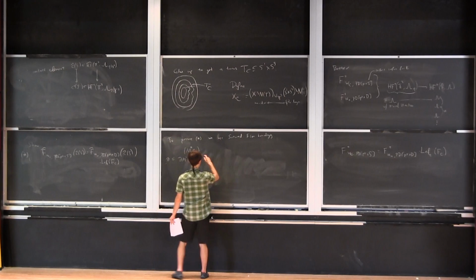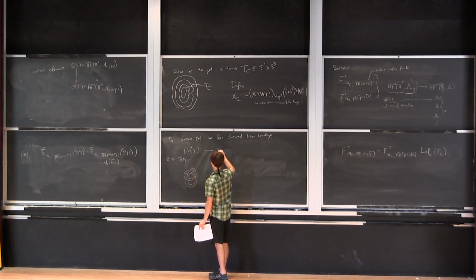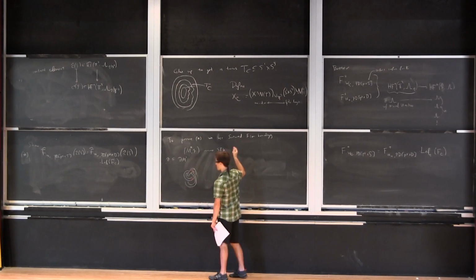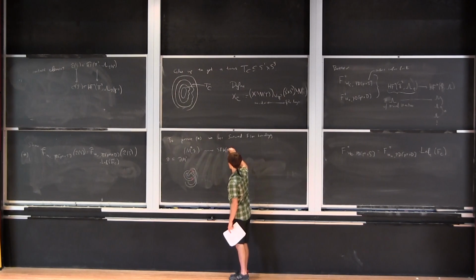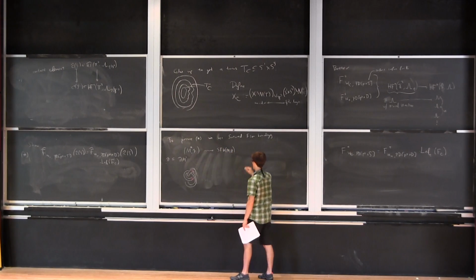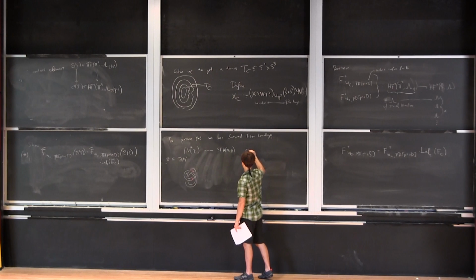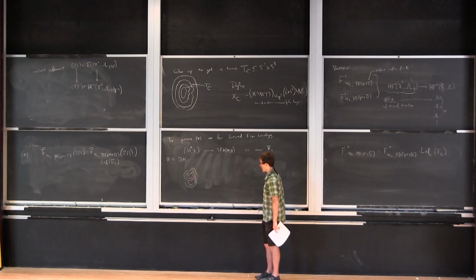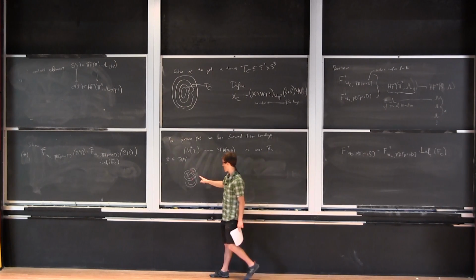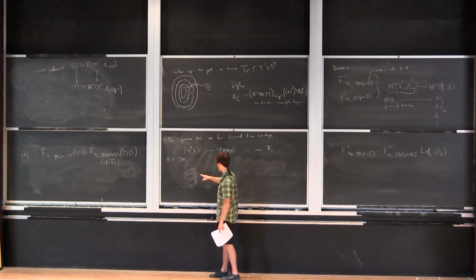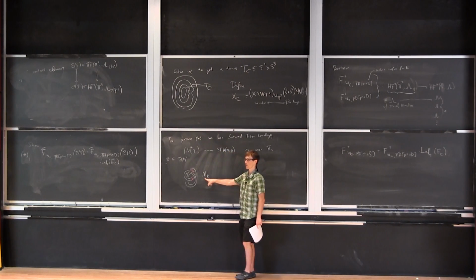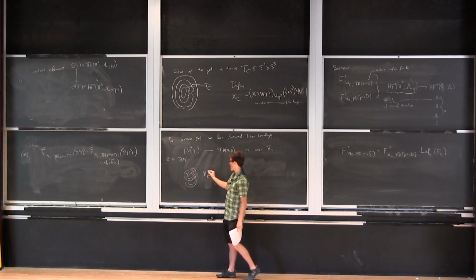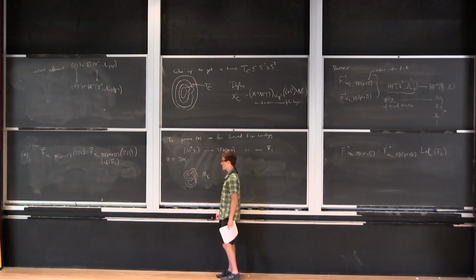And to a sutured manifold, András associates a vector space over F2, the sutured Floer homology of M gamma. This is just a vector space over the field of 2 elements. Let's call this M sub K, not to be confused with X sub K. This is just the knot complement decorated with 2 sutures.